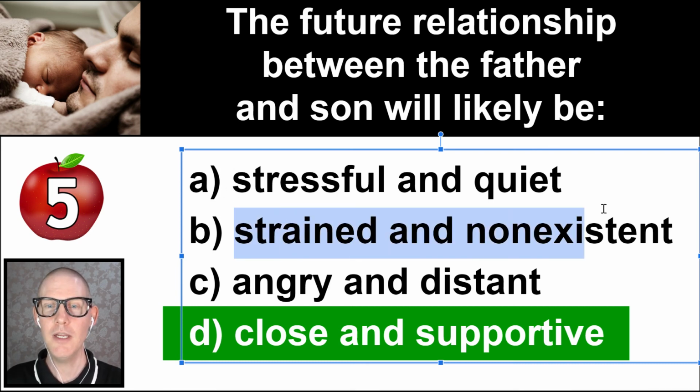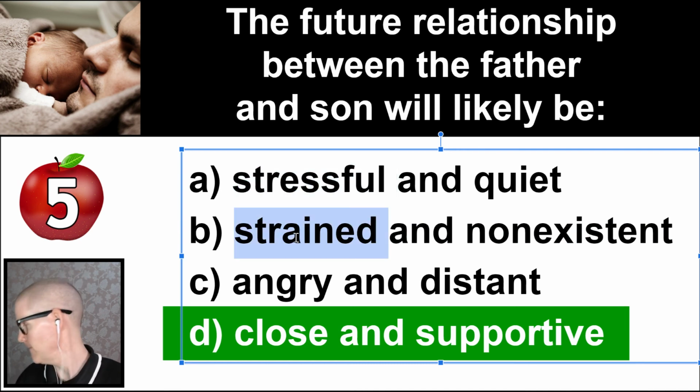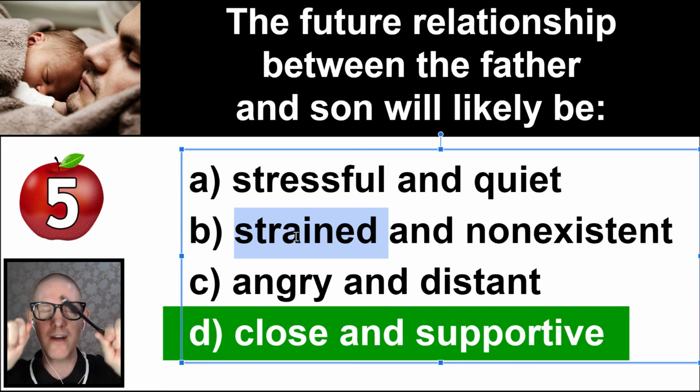Okay, B, strained and non-existent. Strained is similar to stressful. If I have my pen and I put strain on it to bend it, you're putting pressure on it, right? You're straining it. You can also say you strained a muscle, where you twisted or pulled your muscle too far.